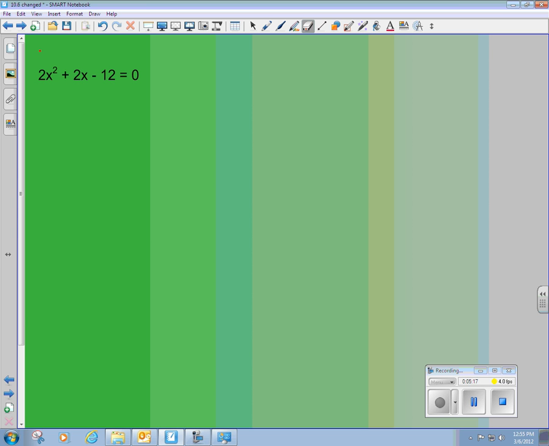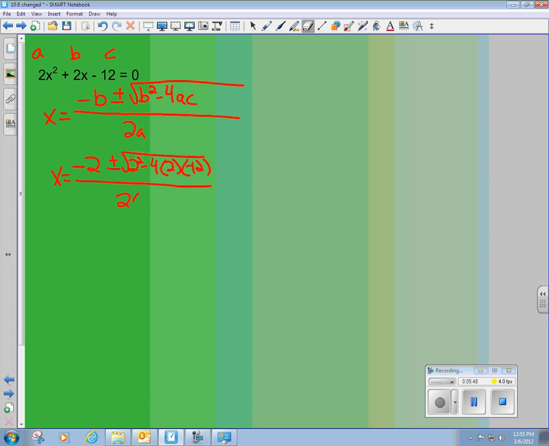So again, we've got A, B, and C. So x equals negative b plus or minus the square root of b squared minus 4ac all over 2a. That gives us x equals negative 2 plus or minus the square root of 2 squared minus 4 times 2 times negative 12 all over 2 times 2.